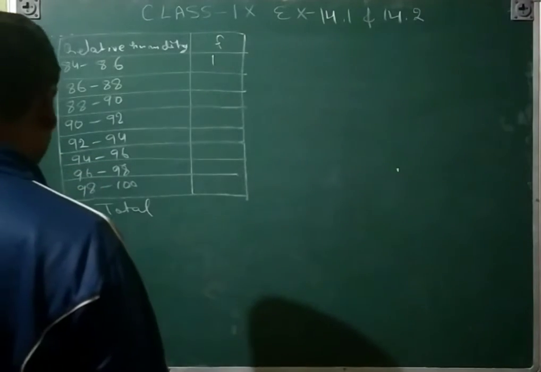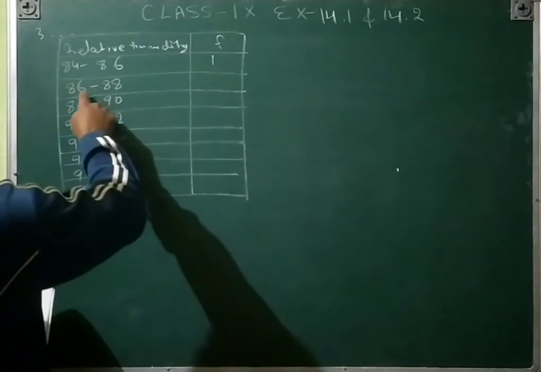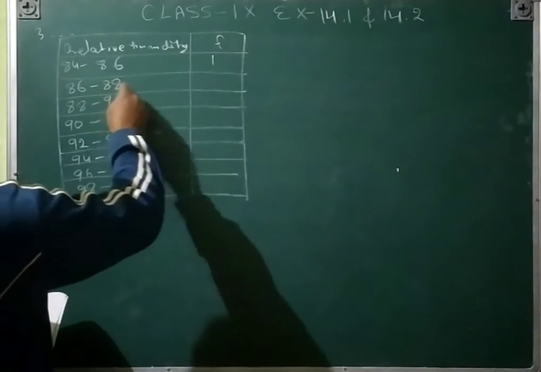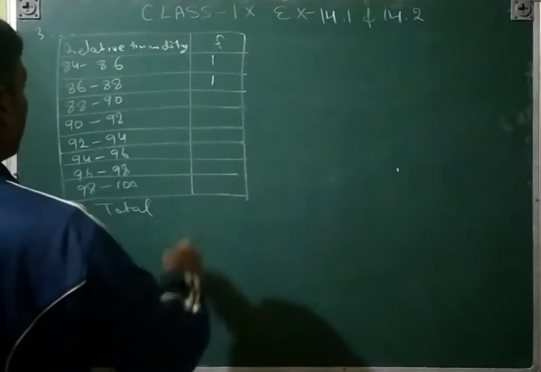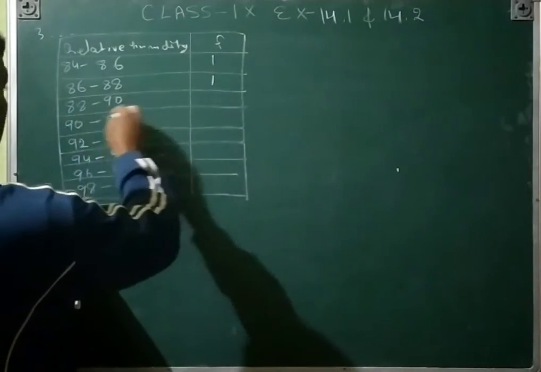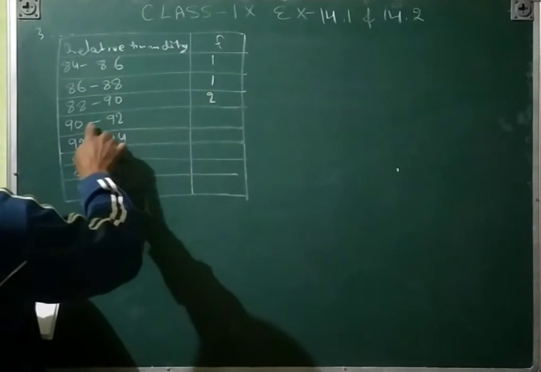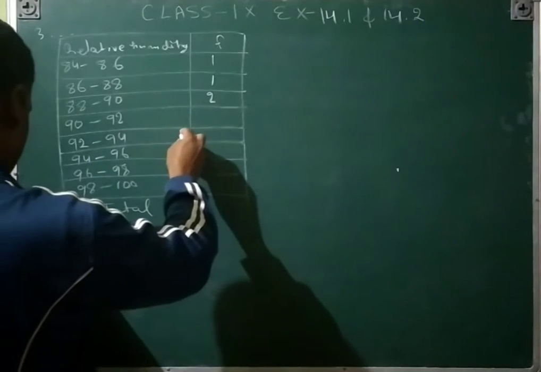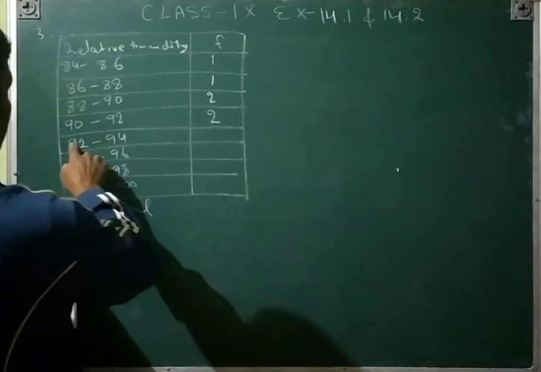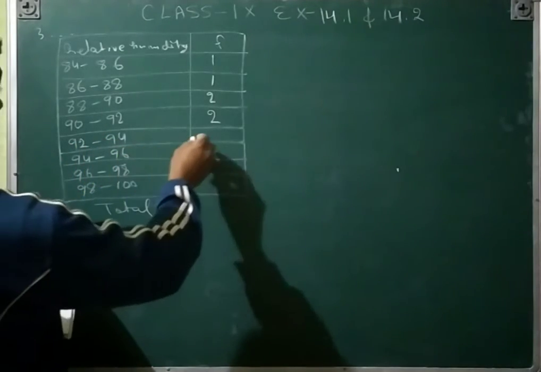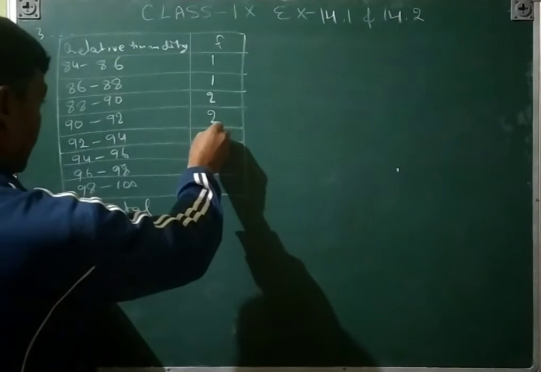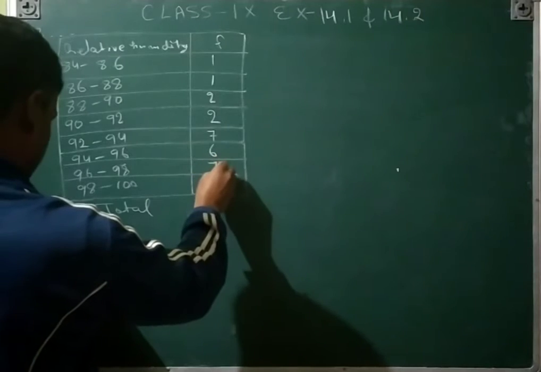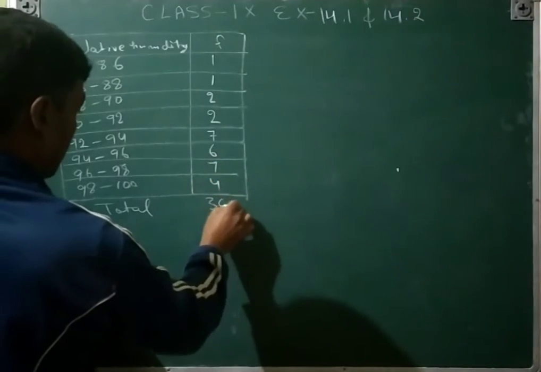Now 86 to 87.9: how many? That is 1. Similarly, you will count here also, that is 2. Here 90 to 91.9 is also 2, and then 92 to 93.9 is 7. Similarly that is 6, then 7, then 4, and the total is 30.